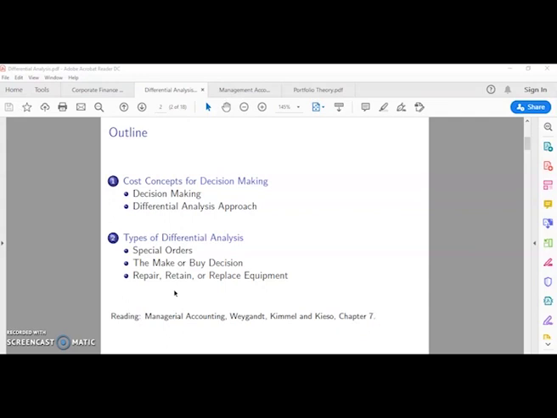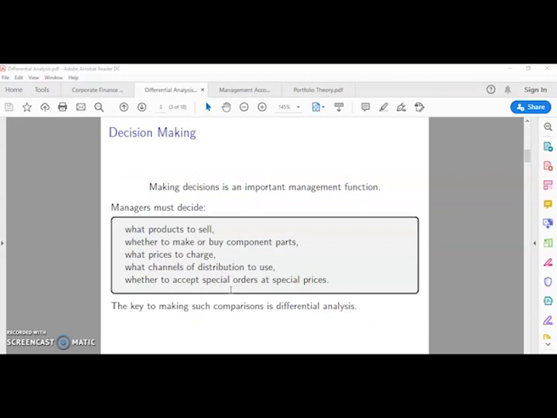So in this part, we will in fact check what should be the decision by the company in terms of any of these items. Either they go for the special orders or not, either they should make or buy, and finally, if they need to repair, retain, or replace the equipment, how they should make a decision. So these are all the items that we will cover in this chapter.